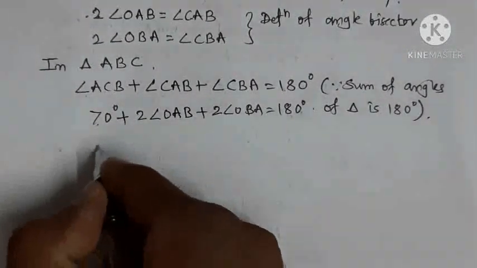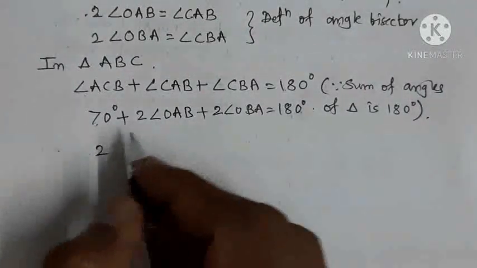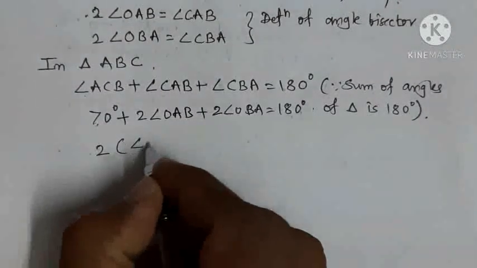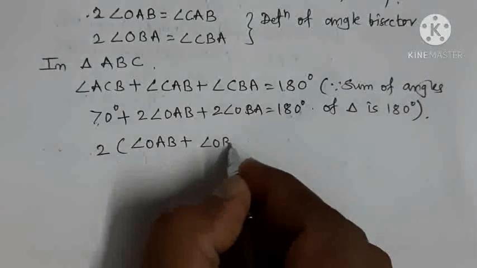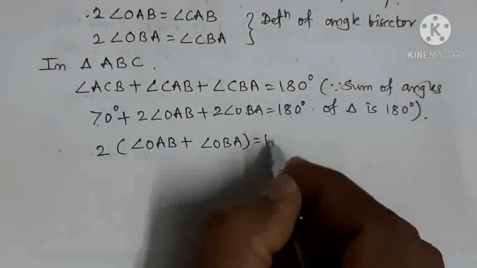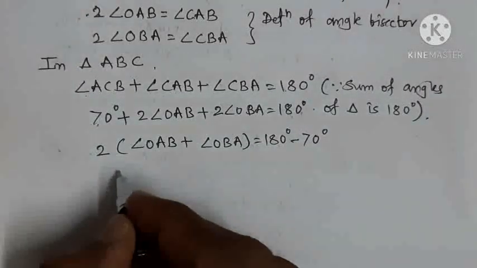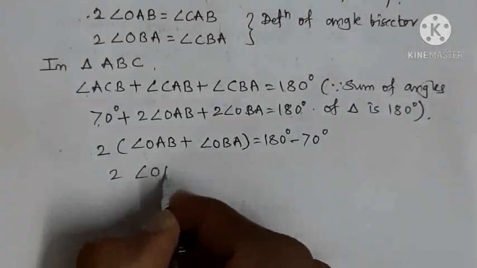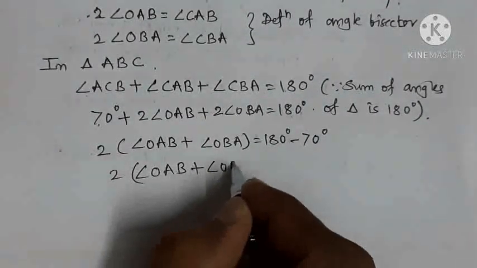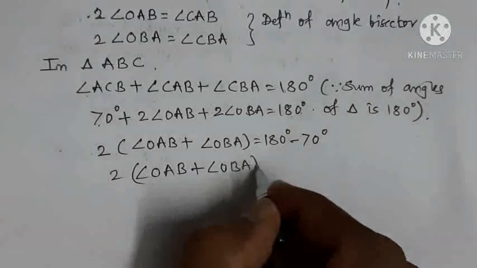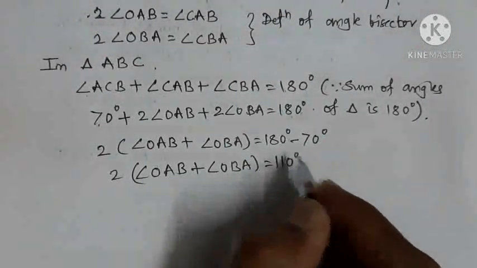And take 2 common from these two, therefore 2 times of angle OAB plus angle OBA is equal to 180 minus 70, that is 110.